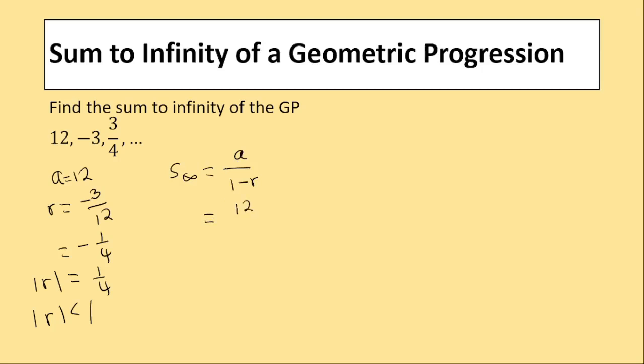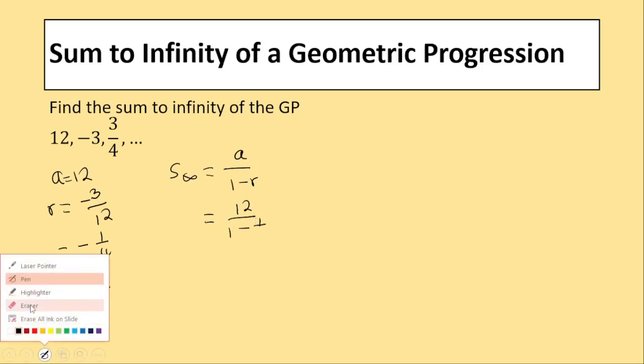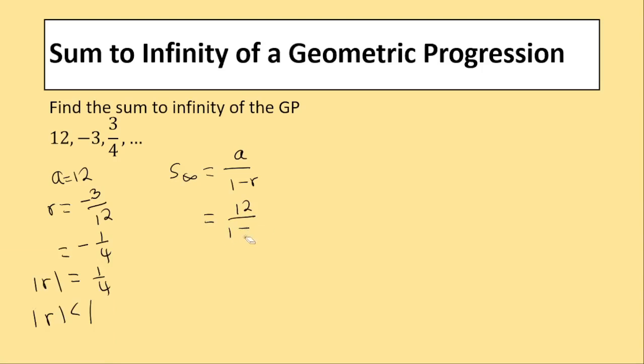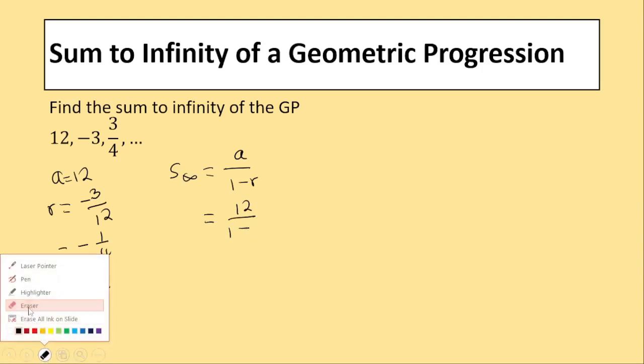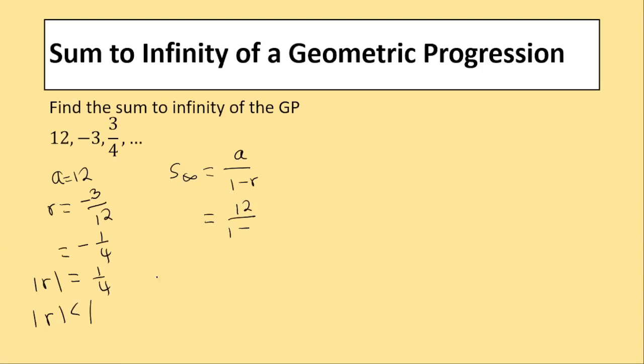Our first term is 12. Our common ratio is negative. Let's not ignore the signs. It's negative 1 over 4.